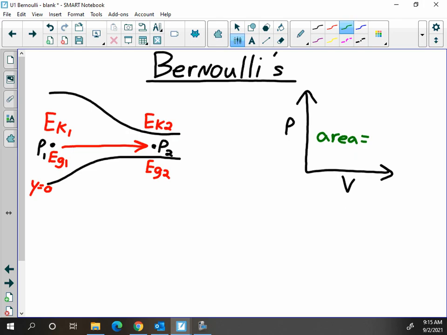And what would the units of that area be? Yeah, pressure is measured in pascals, volume in meters cubed. So the units of the area would be a pascal times a meter cubed, right?